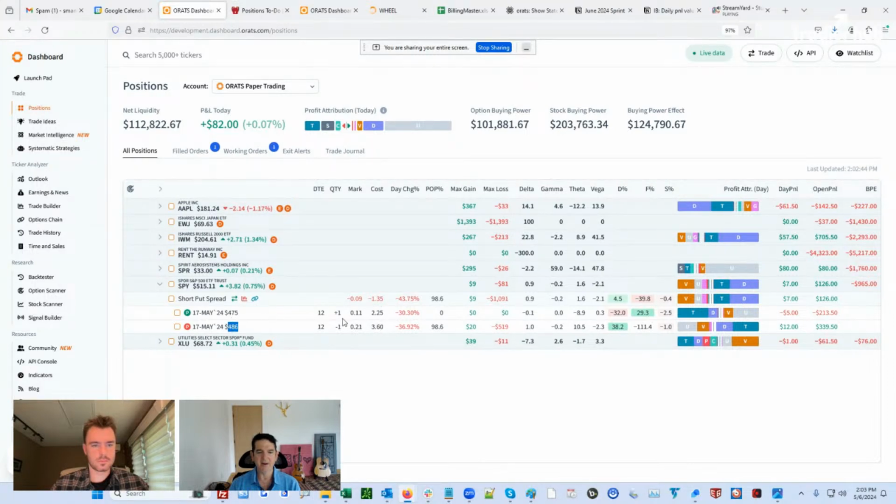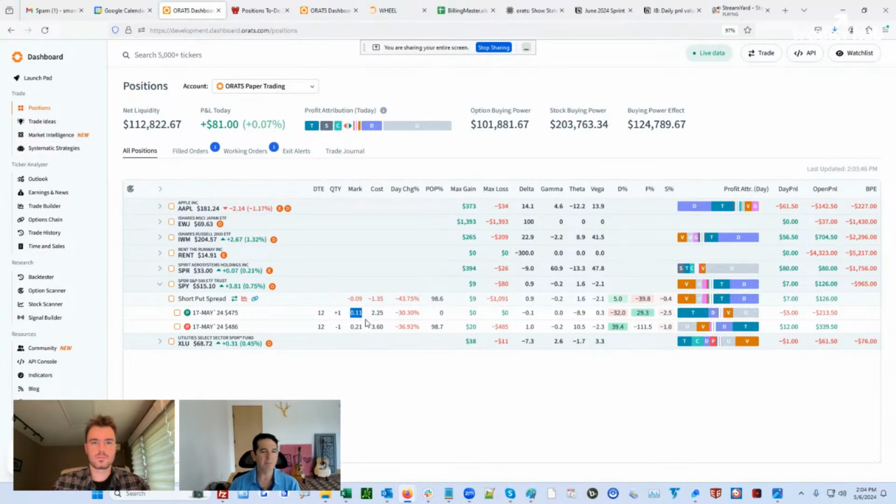The 475 was purchased for 2.25. So a net credit. So I got money, $1.35, and now it only has 12 days left, and it's only worth 9 cents.